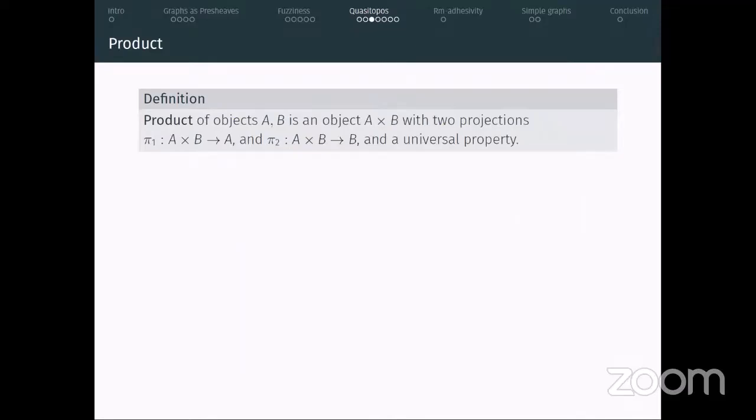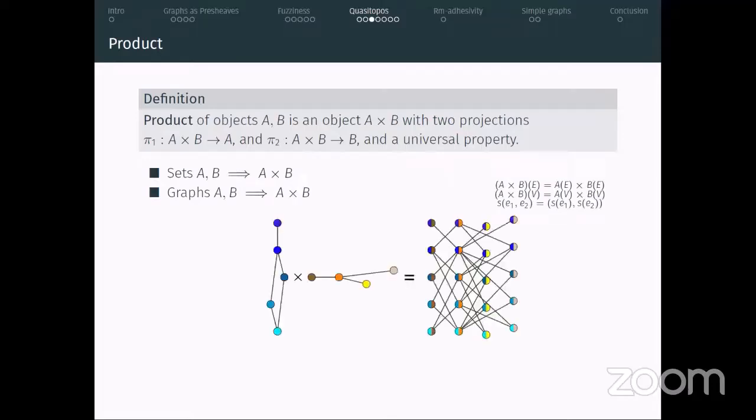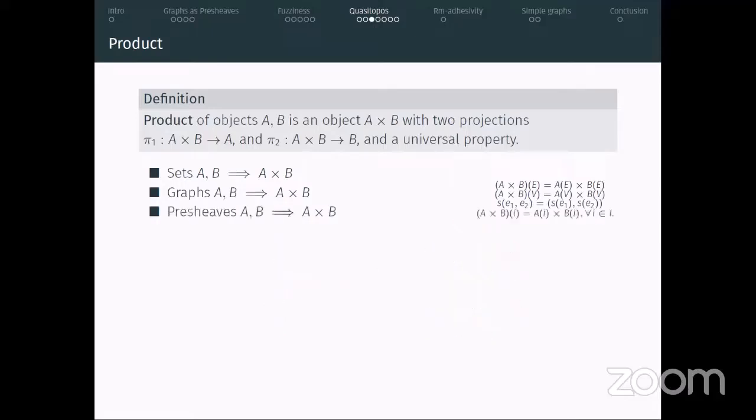Similarly, the product is an object built from two objects and has two projections and a universal property. In sets, it's the Cartesian product. In graphs, it's called the tensor product, with the definition as such, or visually, this is the image that you find on Wikipedia if you look. The product of those two graphs is this one. And generalizing both of them, you have the product for all presheaves.